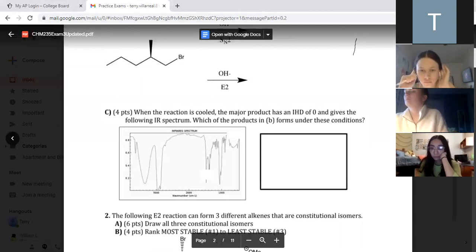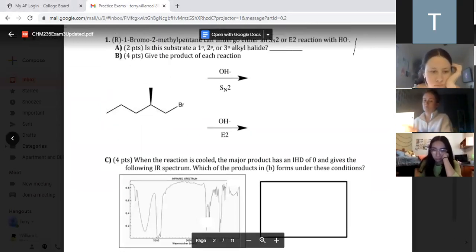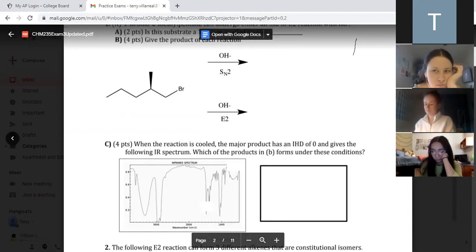It says C, when the reaction is cooled, the major product has an IHD of 0. What does IHD stand for, you guys? Honestly, no clue. I don't think I've ever seen a problem like this before.